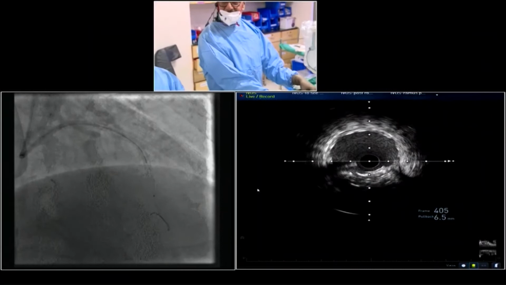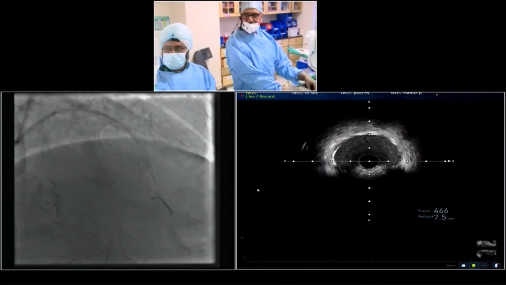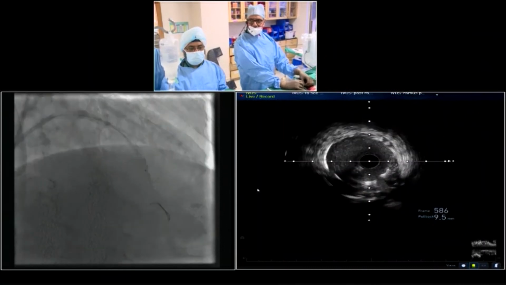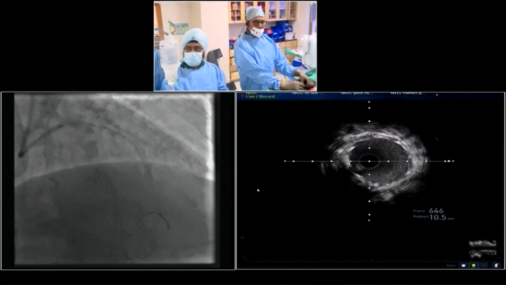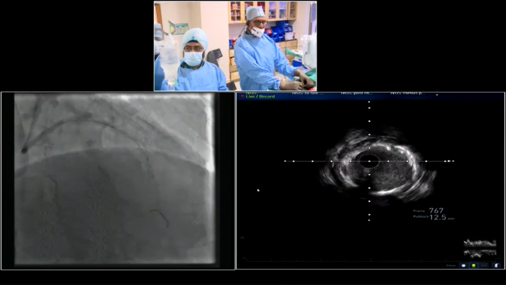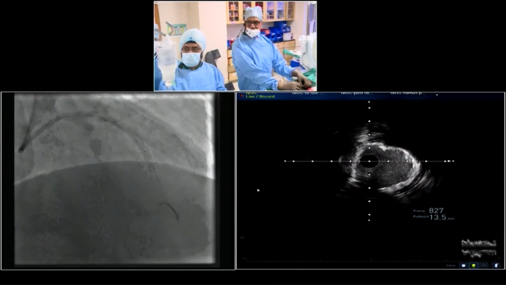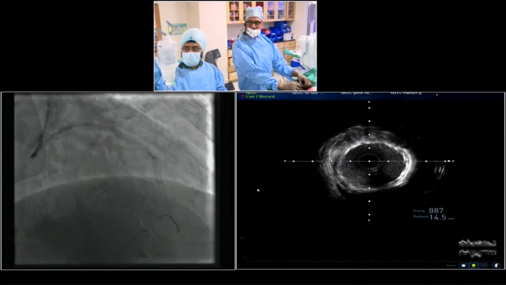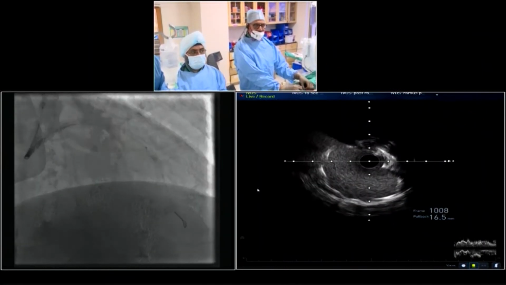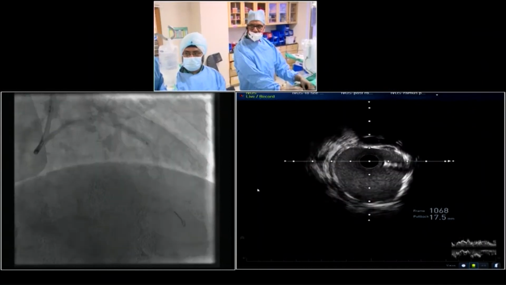Are you seeing the live IVUS run? Yes, Dr. Srinivas? Yes, okay. This all looks good, nicely apposed. Nice expansion. Everything looks great. And the left main looks very nice.